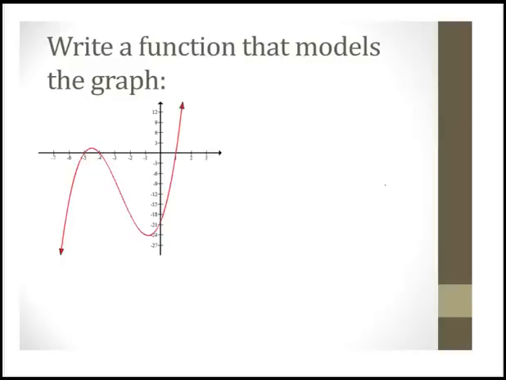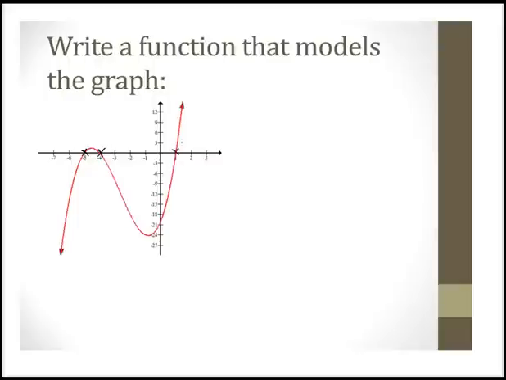Let's turn the idea around now. Here we have this graph of a function, and we want to write the equation that models it. What I would do here is focus first on the x-intercepts. I have an x-intercept at -5, at -4, and at 1.